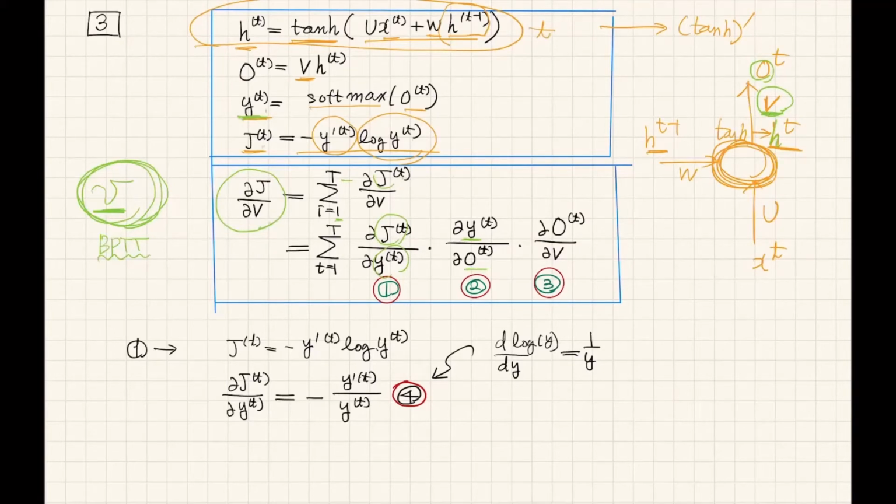This is the cost function property, and this is the softmax function property. And then you have to find the relationship between the output function and the V matrix. That is the third term, the V relationship.